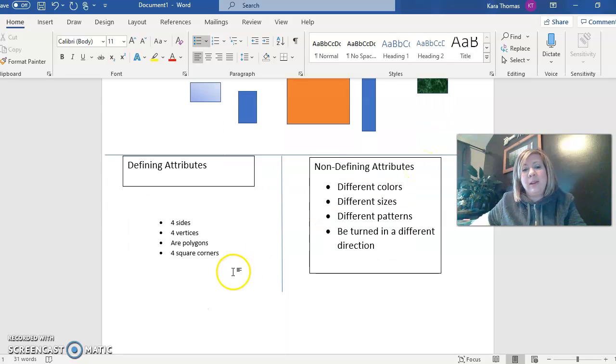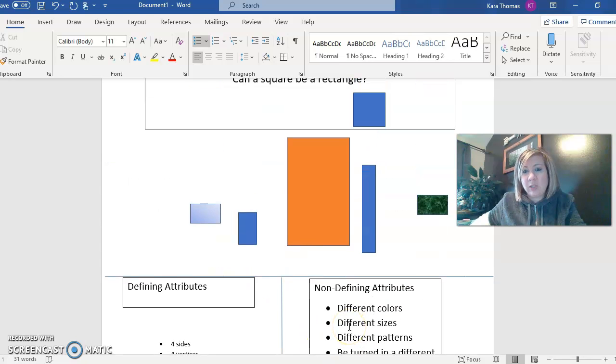But in order for it to be a rectangle, it has to have 4 sides, 4 vertices. They have to be polygons, and it has to have 4 corners. Let's look at the square up here at the top. I'm going to pull it down here.